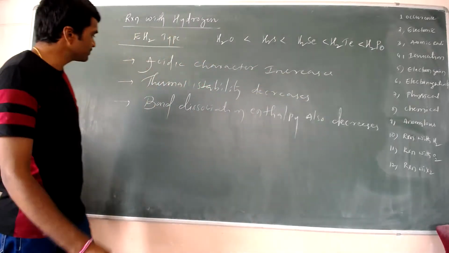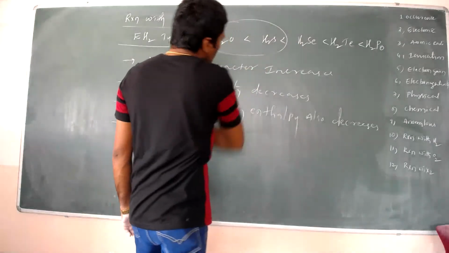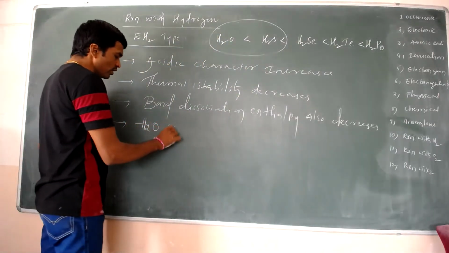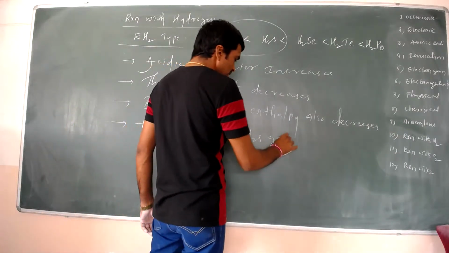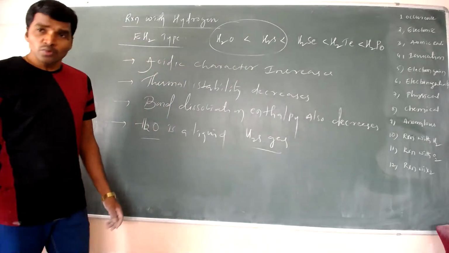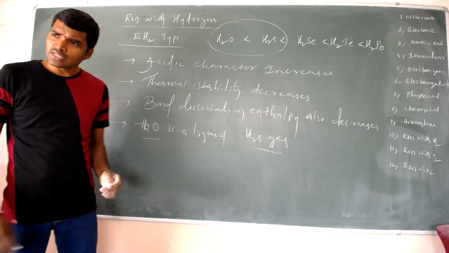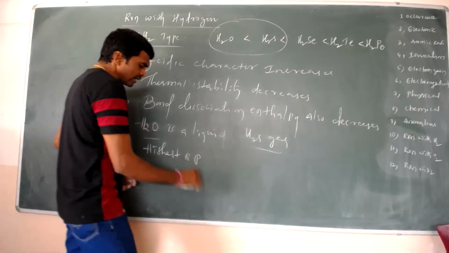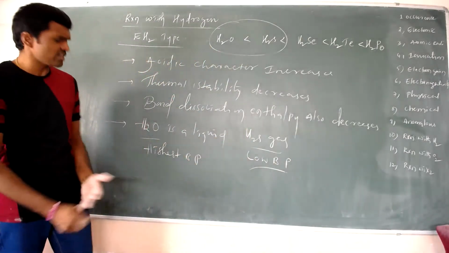And here I want to compare the boiling points of these two hydrides. You remember, H2O is a liquid, H2S is a gas. H2O has the highest boiling point, while H2S has a very low boiling point. Why? What is the reason?